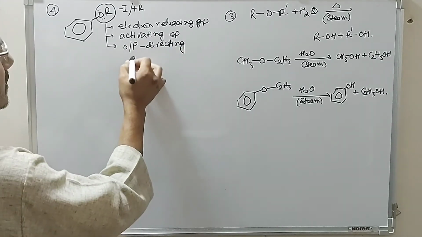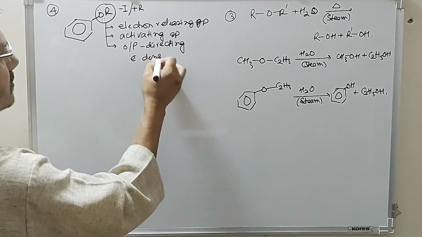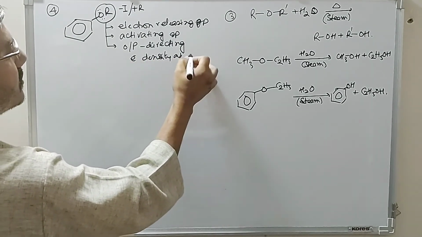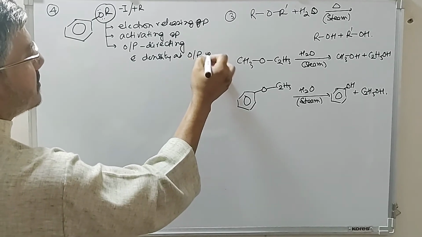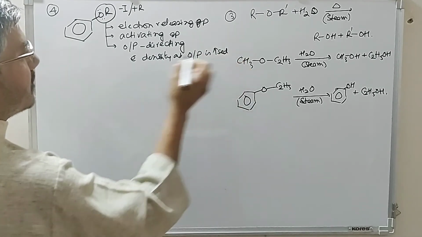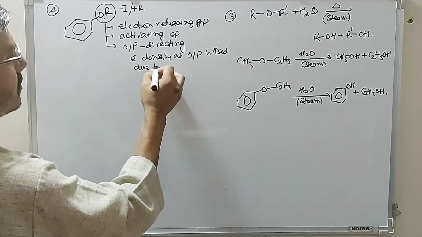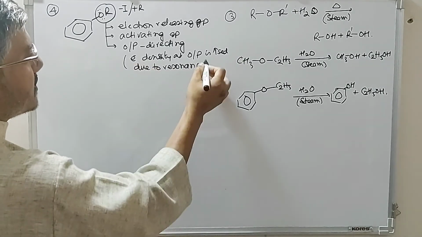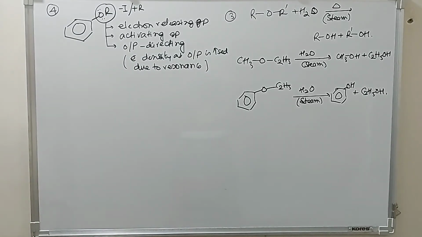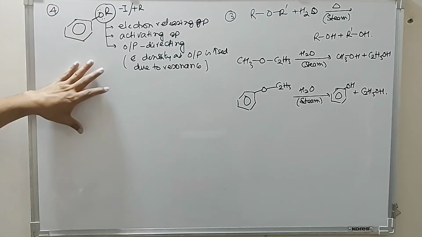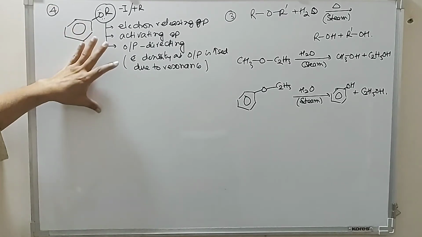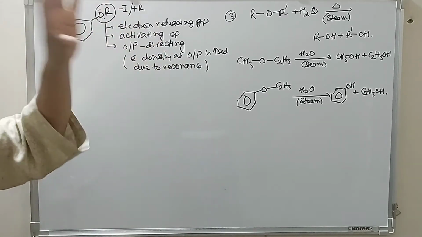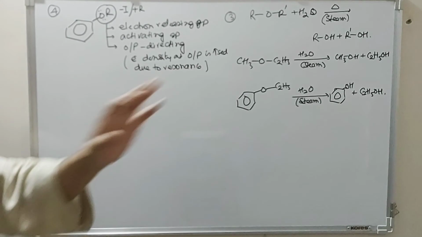That means electron density at ortho and para position is increased due to resonance, so electrophilic substitution reaction will always take place at ortho and para position.